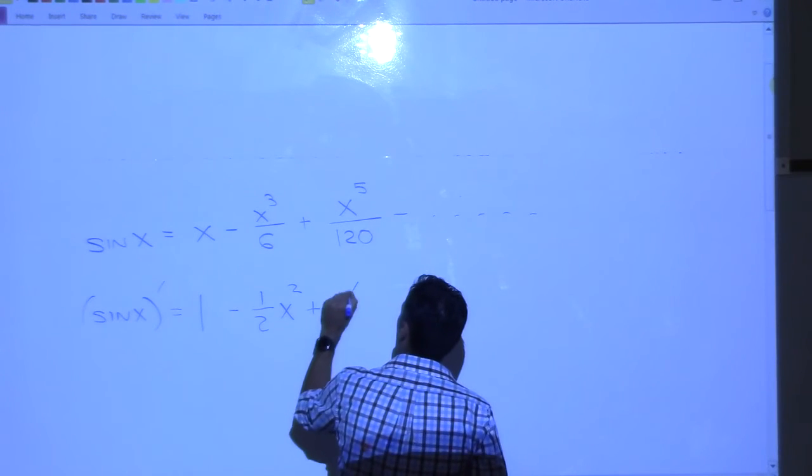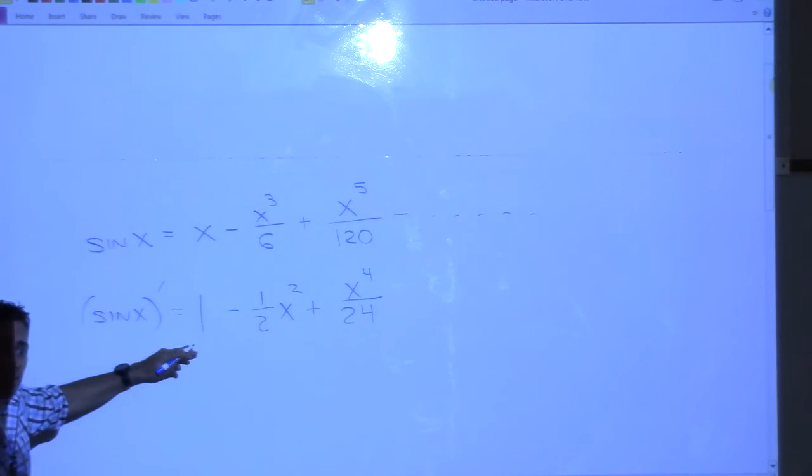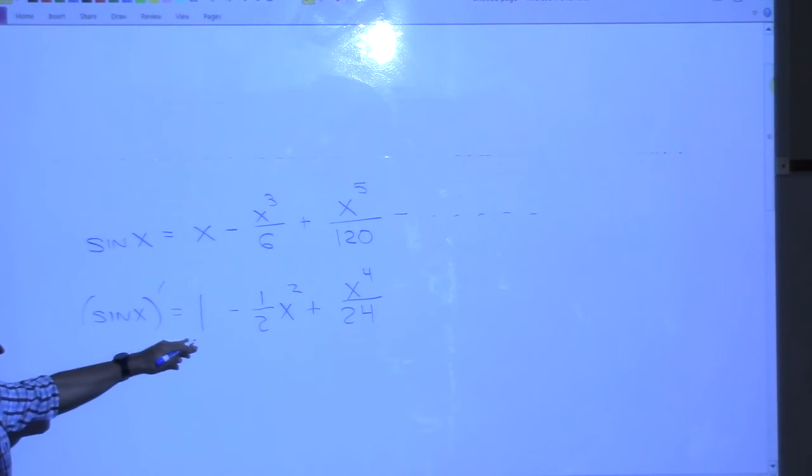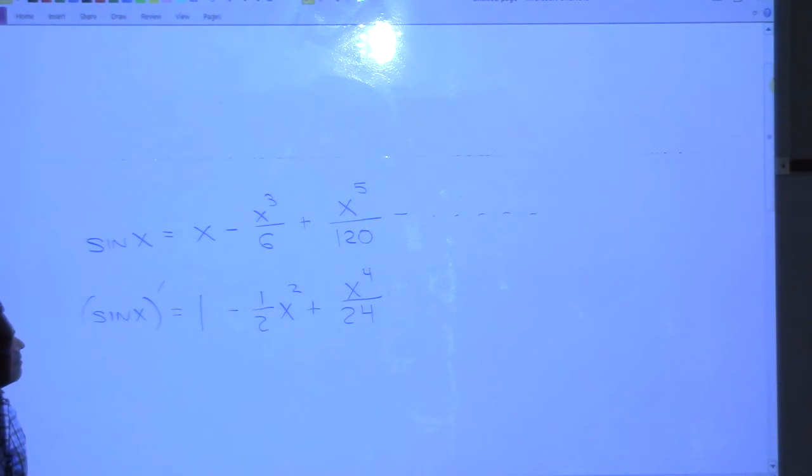So you get x to the 4th over 24. And isn't that the series I just showed you? It is, right? So everything behaves the way that you would think it behaves.